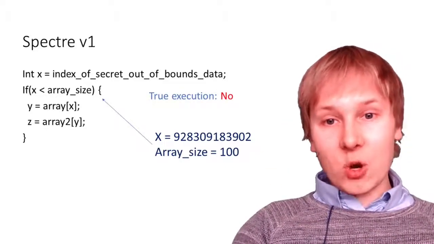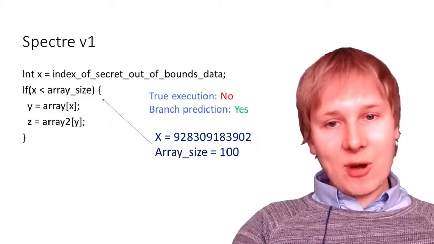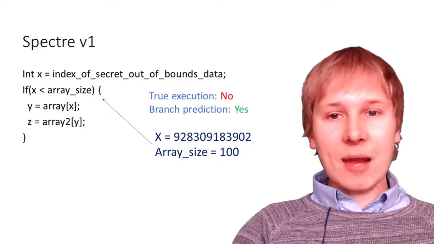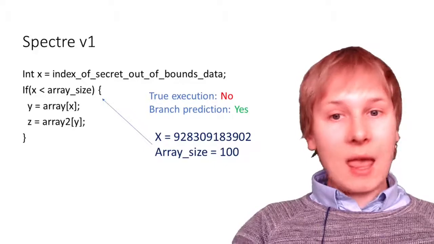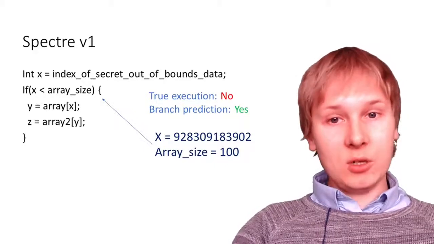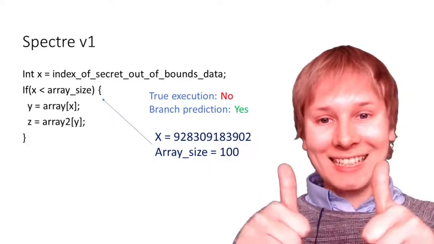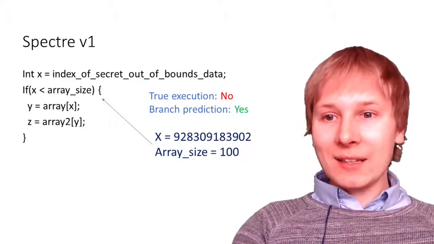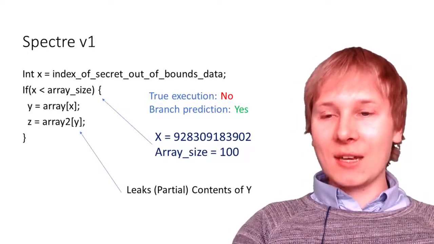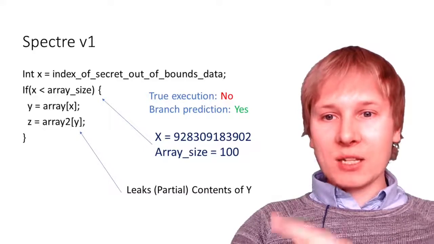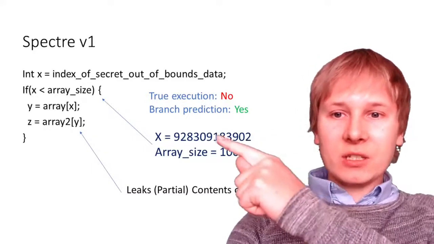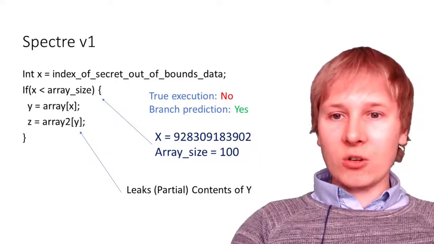And that's true in correct execution. But the branch predictor, having seen this code many times before, and every other time it was called it was absolutely within those bounds, will say yes. So that code really does get executed, and our strange out-of-bounds access here does get forwarded through to this array2 of y.